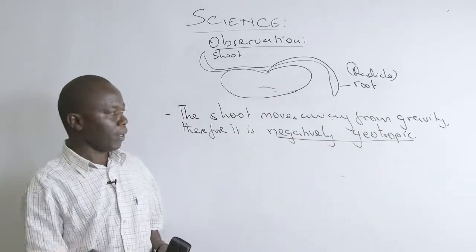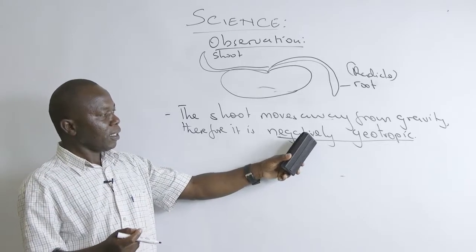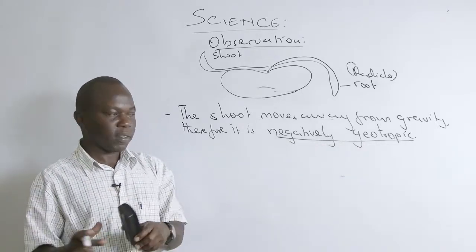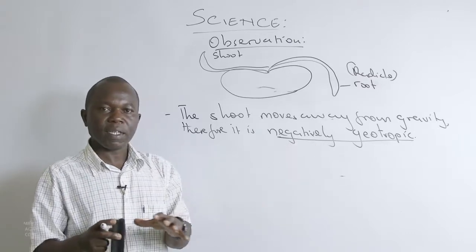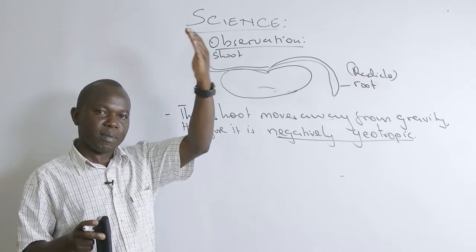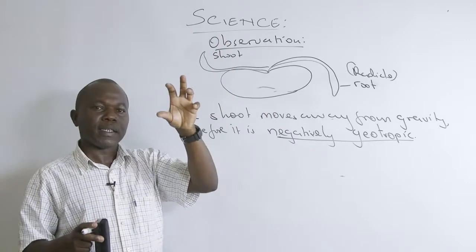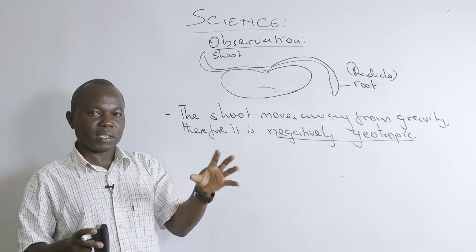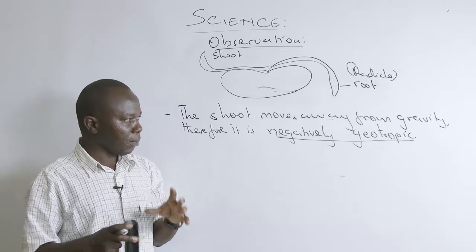It is moving away. And we have said negative geotropism is not a bad thing for the plants, because it's going to enable the shoot to be exposed to sunlight and also pollinators if it is a flowering plant.